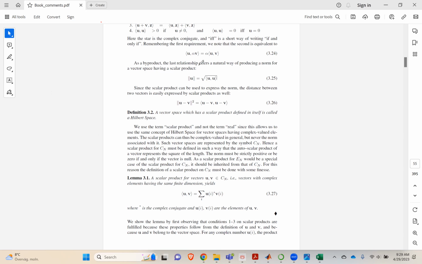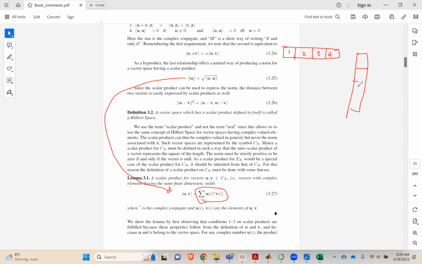But in here, he wrote this one. We check the comparison between these two. In here, if you check, this is actually a dot product. Normally if you write a dot product, you have some values, 1, 2, 3, 4, and another vector 1, 2, 3, 4.